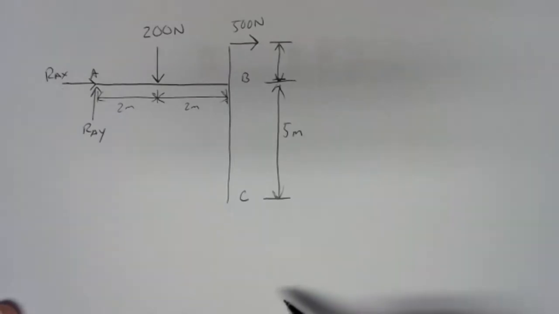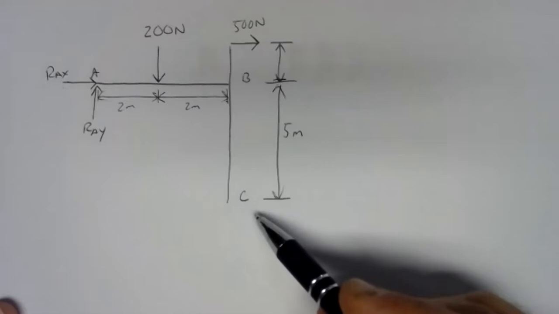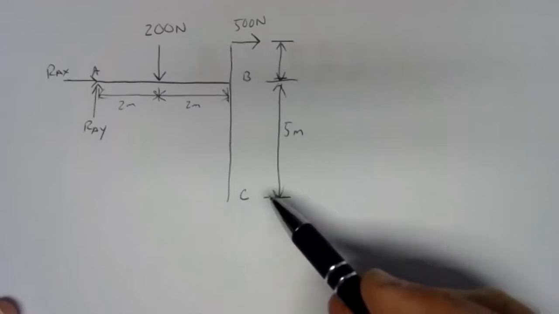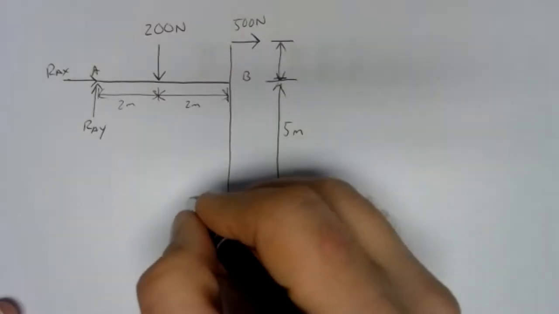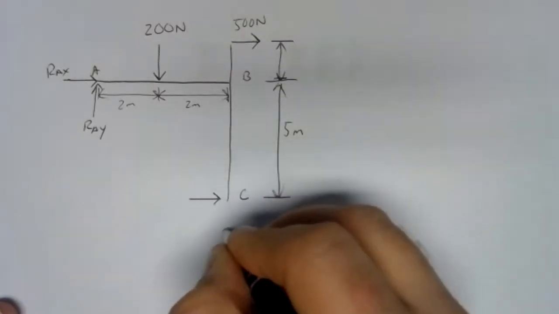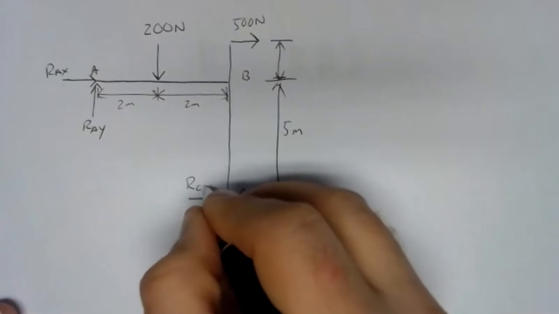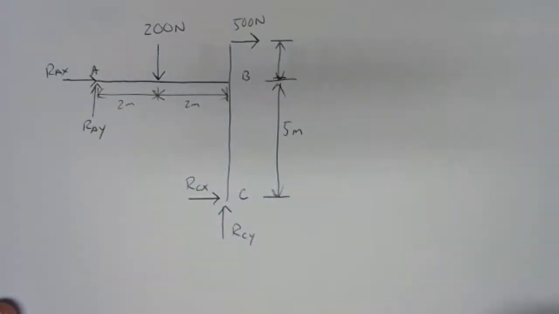But because of the constraints that have been relaxed with a frame, we no longer have to have only 3 unknowns in our external problem. We could have 2 pinned supports here, and we do. So we have reactions here at joint C, and we don't know what those are. We'll call them RCX and RCY.